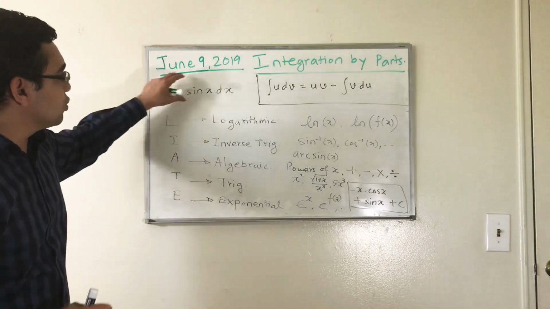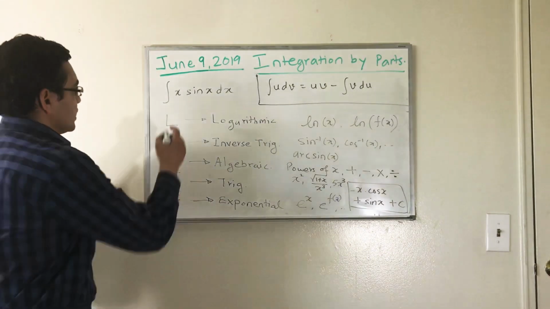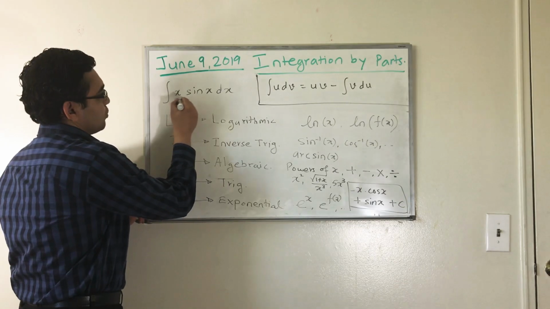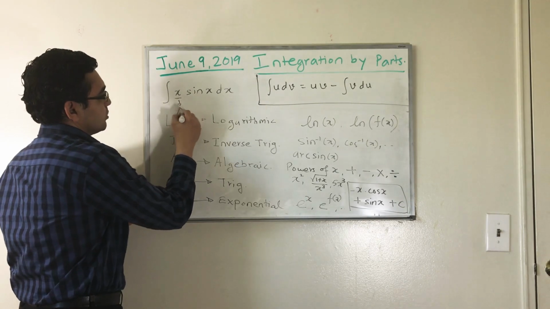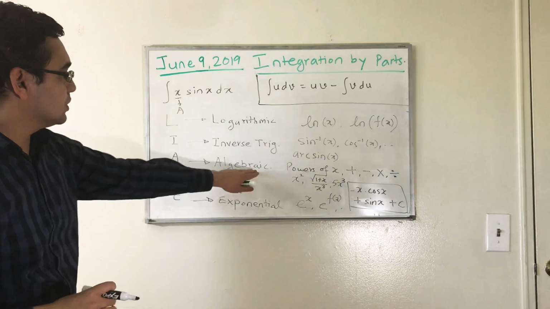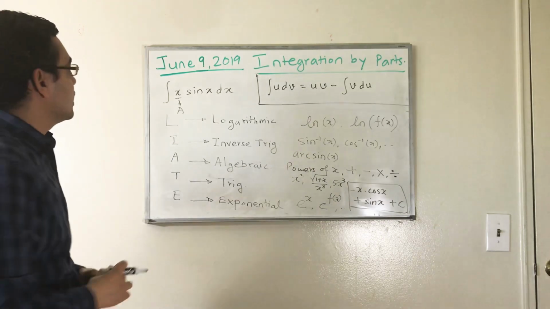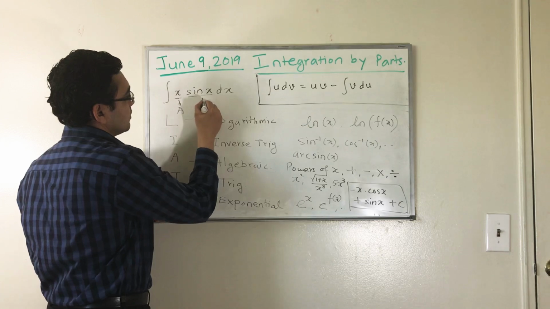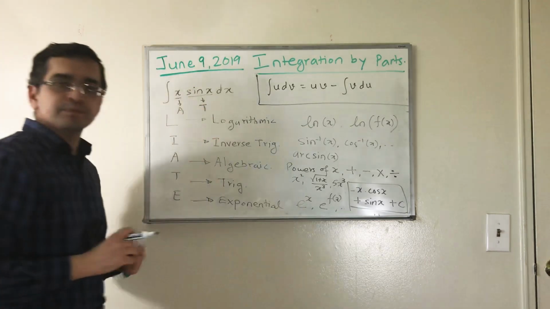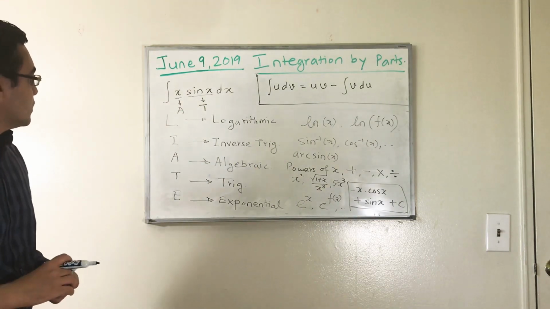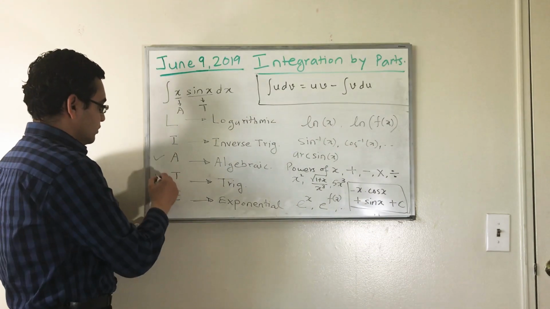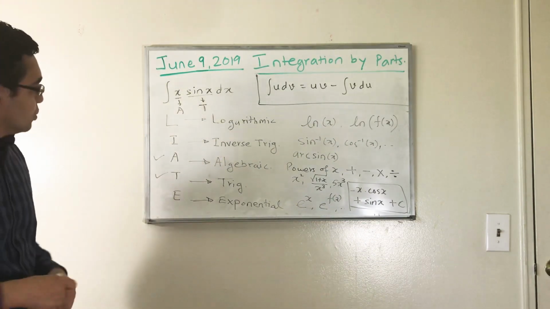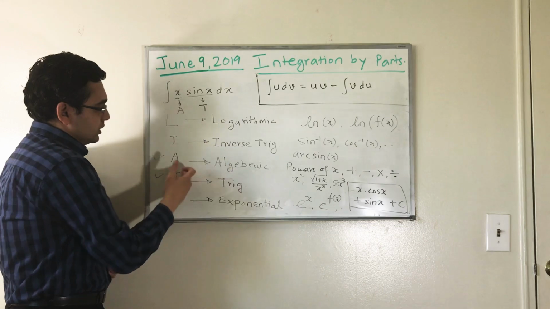Alright, so let's go back to our example. Now x here, x to power 1 is an algebraic function. It is of this type, and sine x is a trigonometric function, T, right? So we have algebraic and trigonometric. So look at this sequence, LIATE.